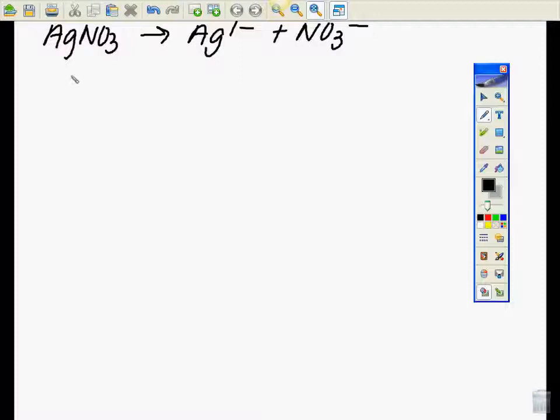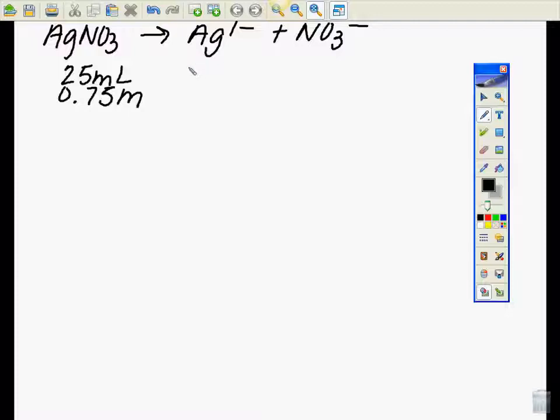Now they gave us 25 milliliters of this silver nitrate, and then they also gave us 0.75 molar. Now, this is different from the last problem because they didn't just give us the molarity of silver nitrate and ask for the molarity of silver ions.